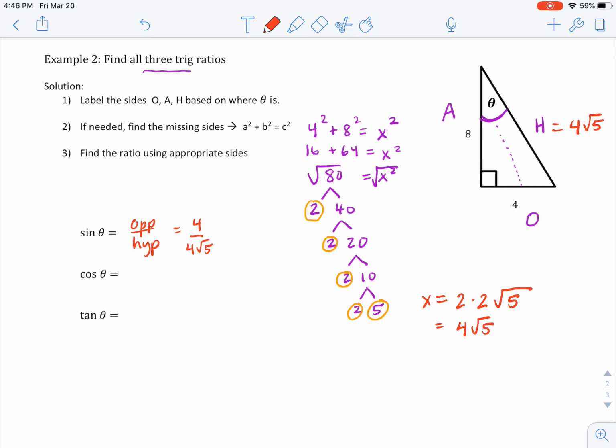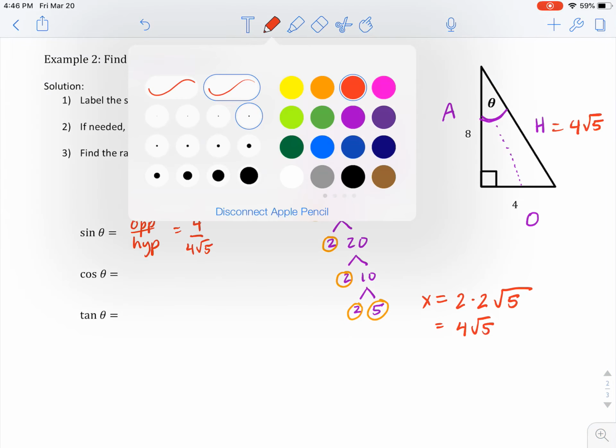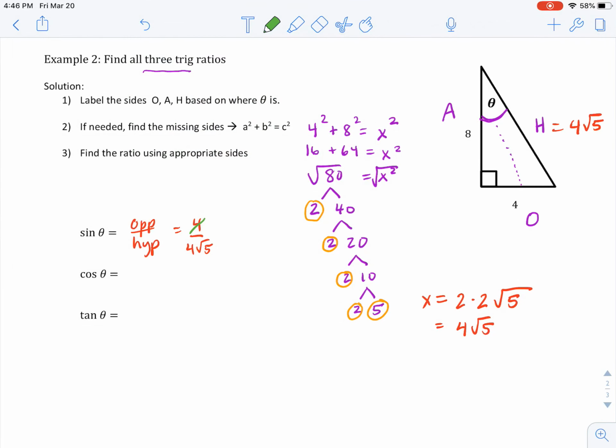Unfortunately, we can't leave the radical in the denominator, so we're going to have to rationalize. Also, I can cancel out these 2 4s. So now I have 1 over root 5. Let's go ahead and rationalize, root 5 over root 5. I'm going to have root 5 over 5.